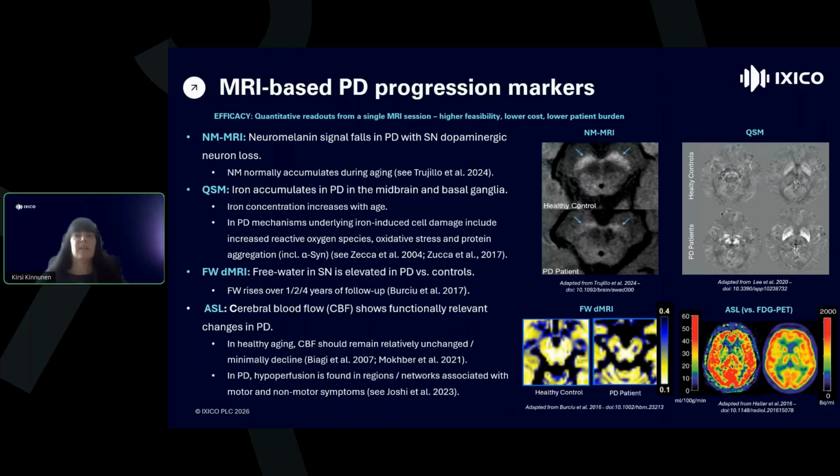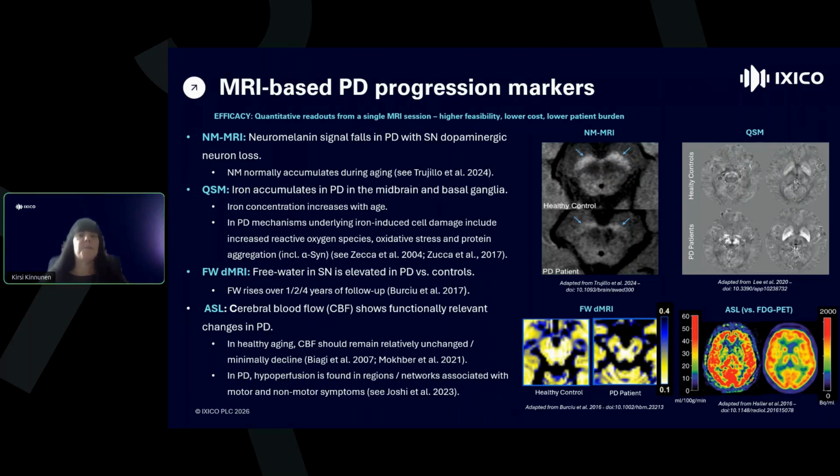So starting with neuromelanin sensitive MRI, NMMRI, the neuromelanin contrast in the substantia nigra falls as dopaminergic neurons die. QSM, quantitative susceptibility mapping, quantifies iron in the substantia nigra, and iron rises measurably over time in Parkinson's disease.